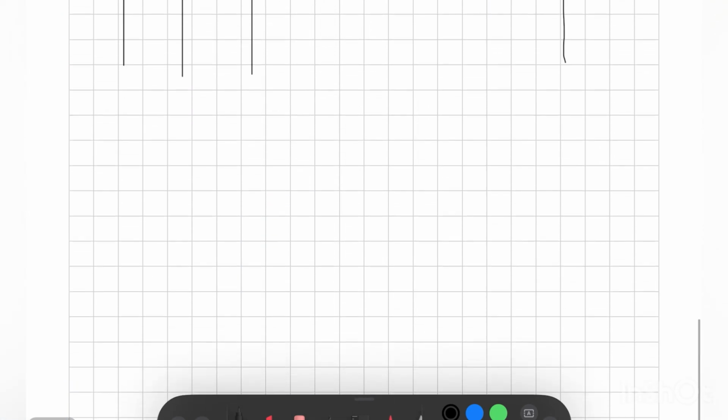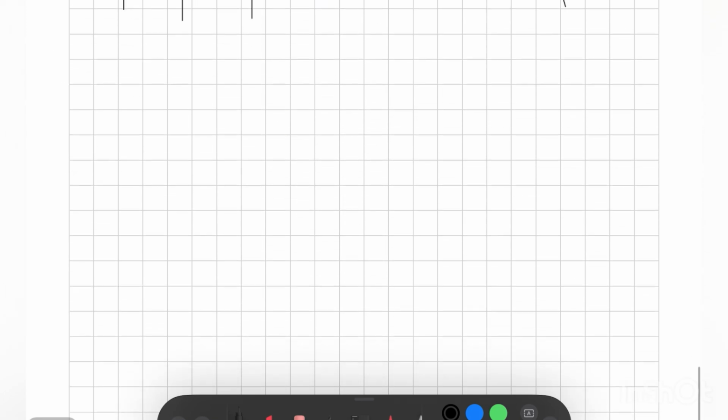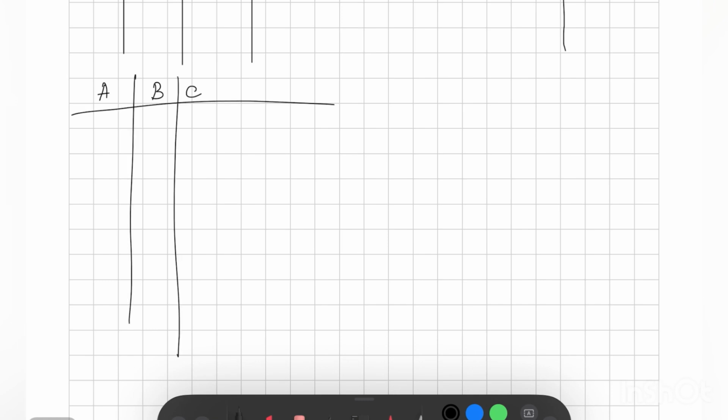And let me write to you as a help. If you have 3 inputs, 2 to the 3 will be 8, right? So let me just write 3 inputs for you. Maybe you will just learn them by heart, or you'll understand the pattern how I'm writing them.